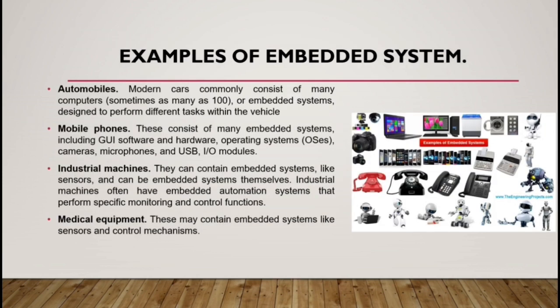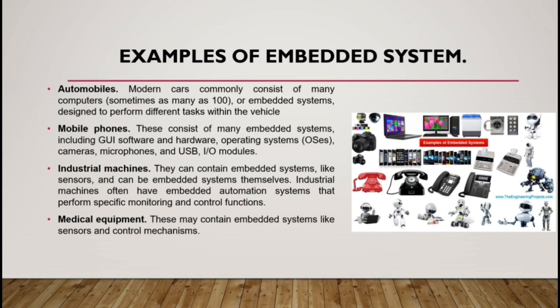Now, examples of embedded systems which we use in day-to-day life. Talking of automobile companies, modern cars consist of many computers where embedded systems are used. Then mobile phones consist of embedded systems including GUI, software, hardware, operating systems, microphones, input-output modules. Then industrial machines.